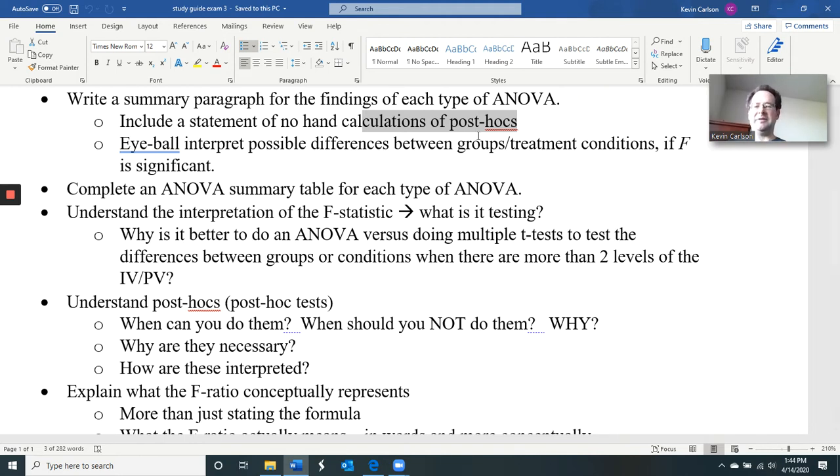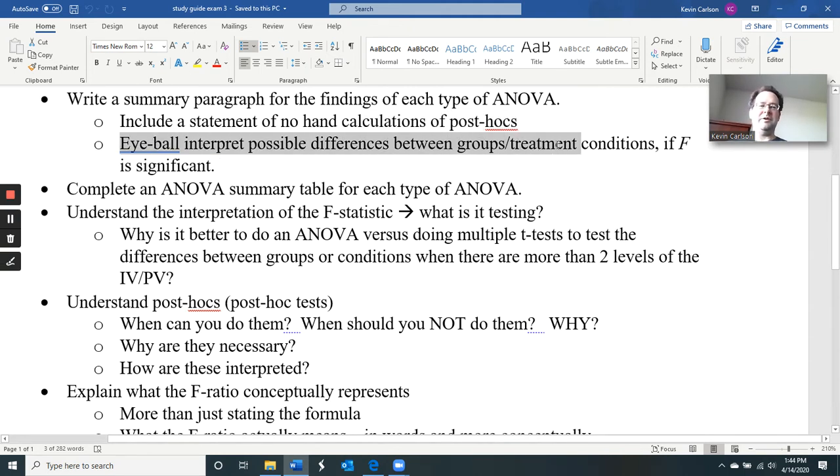However, looking at table 1, the means and standard deviations, does it look like there's some differences between the groups or the conditions? And so you will have that sentence, that eyeballing, if again your F is significant, you rejected H0. And then the final sentence for either one of these paragraphs is the effect size.